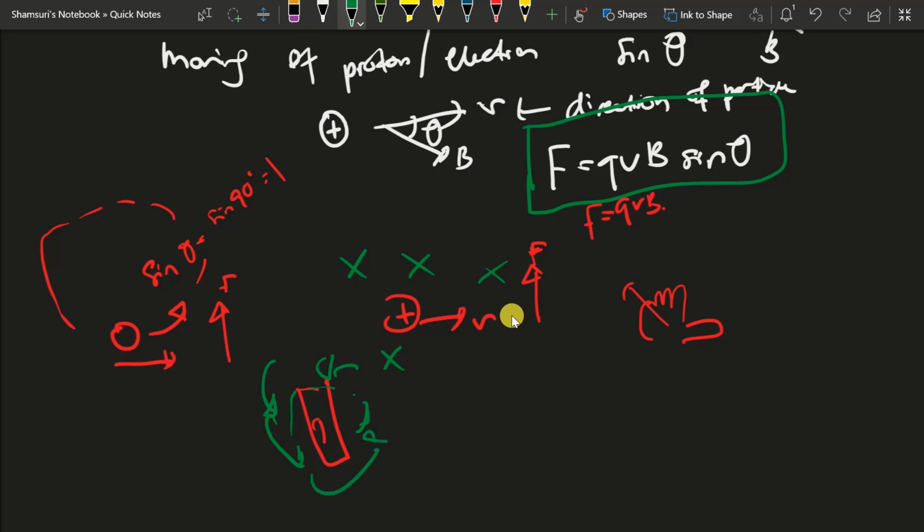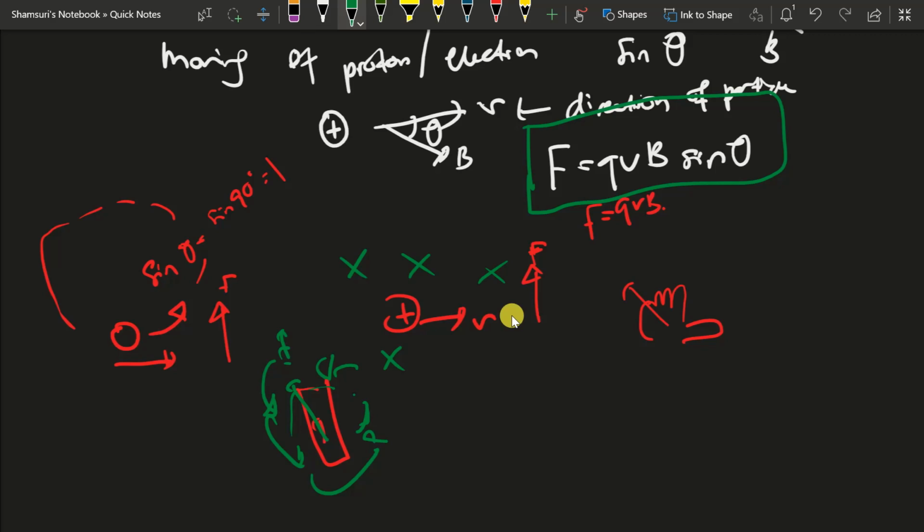If you look at the particles, we can see that they are moving. If the current is moving here in this direction, then the particle is moving. So you can have something like this formula.